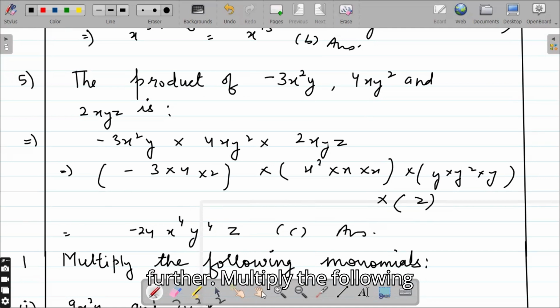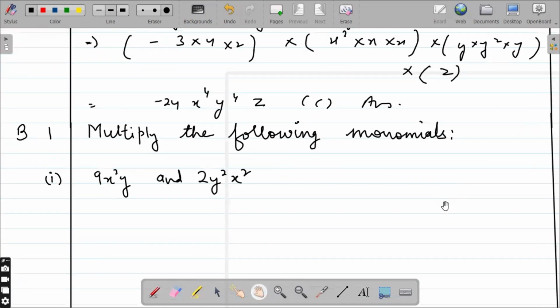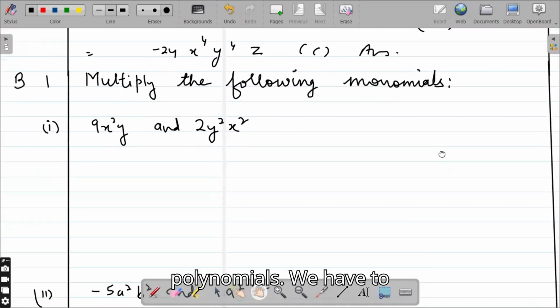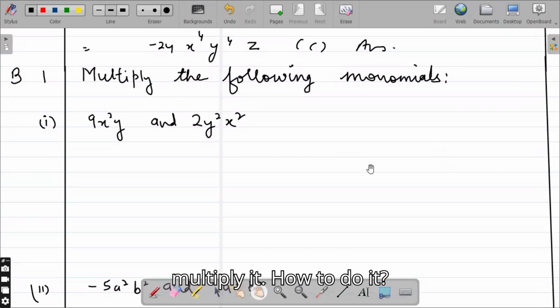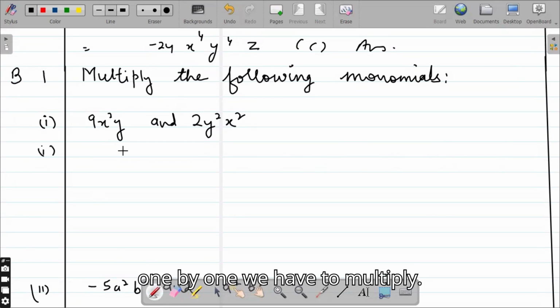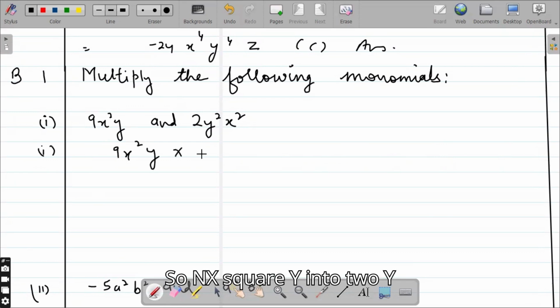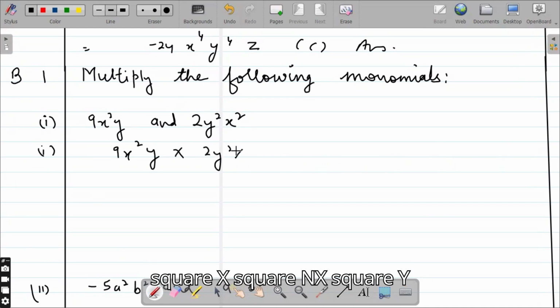Let's move further. Multiply the following monomials. We have to multiply it. How to do it? Just see carefully each step one by one. We have to multiply 9x square y into 2y square x square.